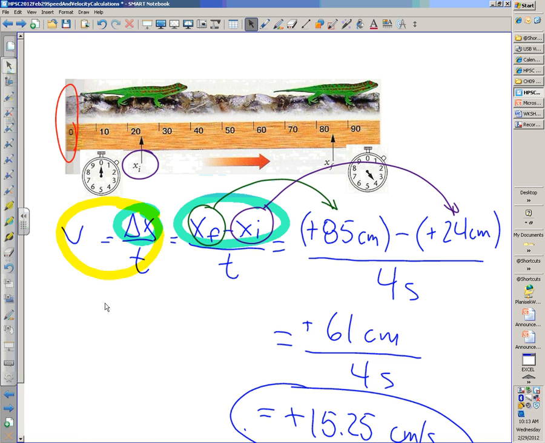This picture of this gecko is moving in one dimension, which is just a line. In one dimension, you only have two choices as far as direction is concerned: you're either moving this way or that way. That's why we can use positive and negative in one dimension to distinguish one direction from the other.